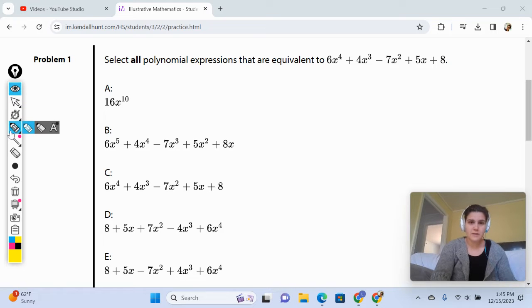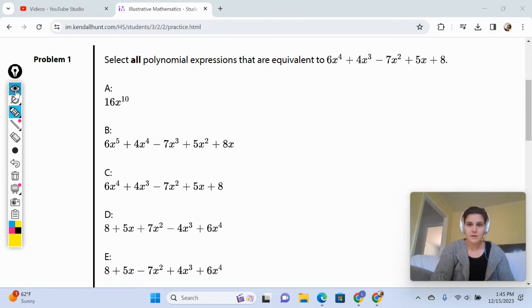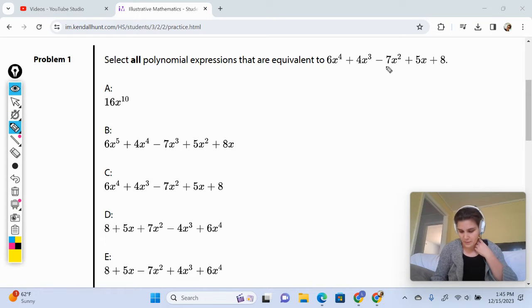Select all polynomial expressions that are equivalent to 6x to the 4th plus 4x to the 3rd minus 7x squared plus 5x plus 8. Immediately looking at this, I see that we have a 4th power, a 3rd power, a 2nd power, an x, and a constant with no variable.